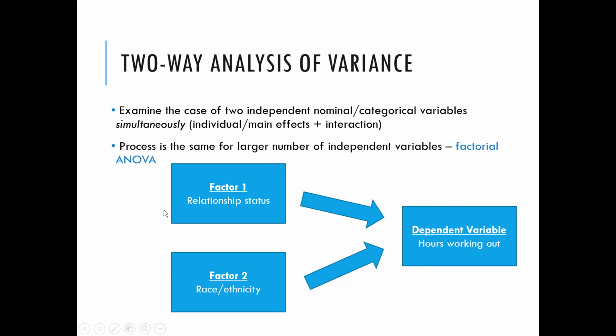So the interaction of these two factors on the effect of hours of working out, our outcome. And again, the process is the same. If we have 3, 4, 5, 6 additional independent variables, we can also do that as well.